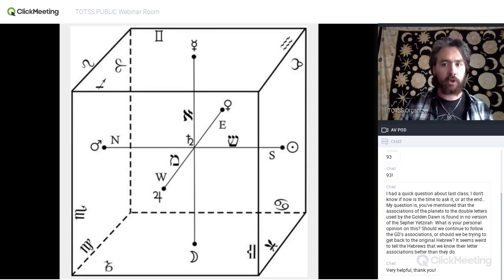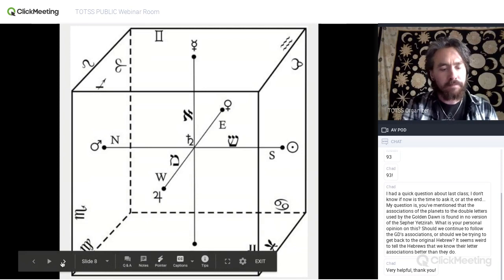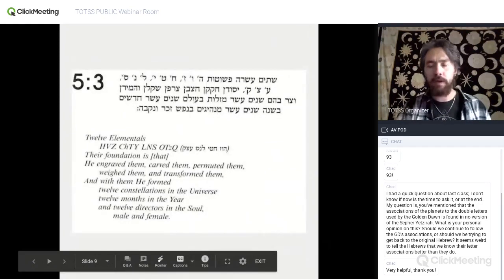The only things that really don't change are things directly connected to the letter, like the numerical value of the letter, what the letter means, and any other direct associations to the letter itself. Most attributions like hierarchies, stones, plants, colors, and other things like that are closer attached to the zodiacal sign, and so that moves with the signs, if that makes sense. Okay, well, we'll just move on there.